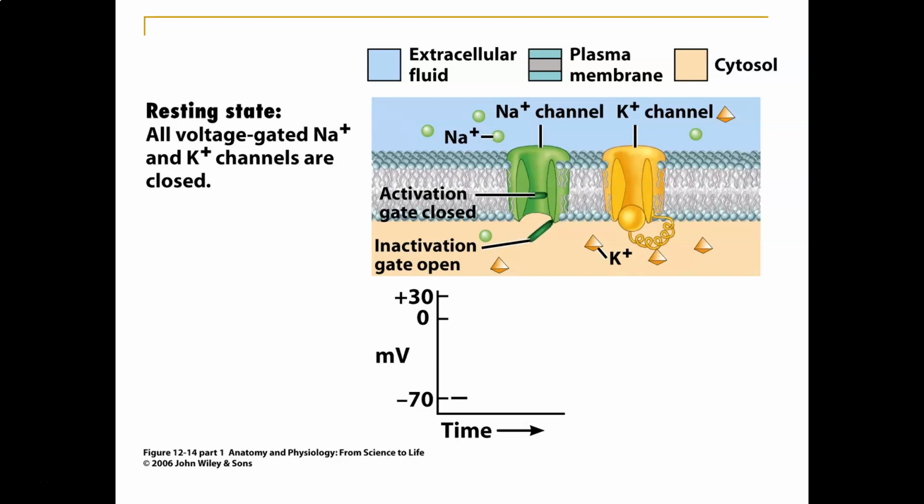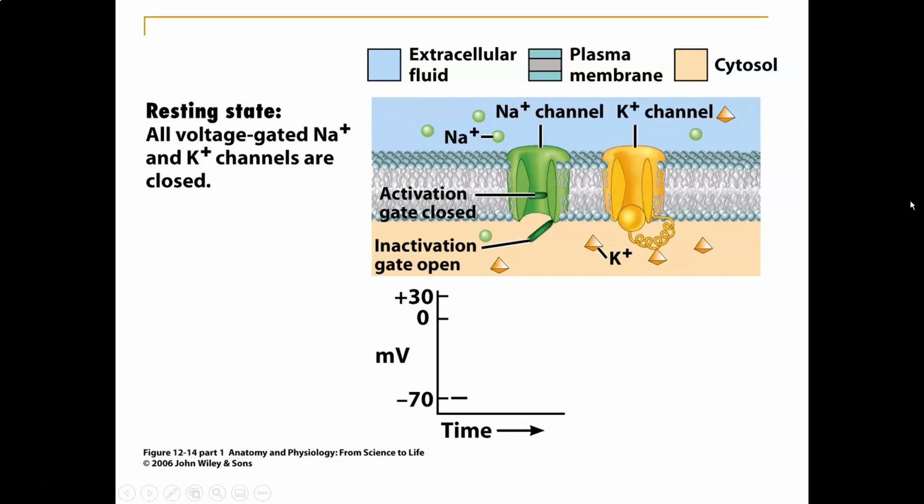Again, try to visualize these proteins in the membrane. Remember troponin and tropomyosin on the thin filament, and how these were proteins that could move, or like the myosin head that could pivot up and down. Well, this is just another example of proteins that have little movable parts. In this case, little gates that can open and close off the cavity inside where the sodium or potassium ions could go.